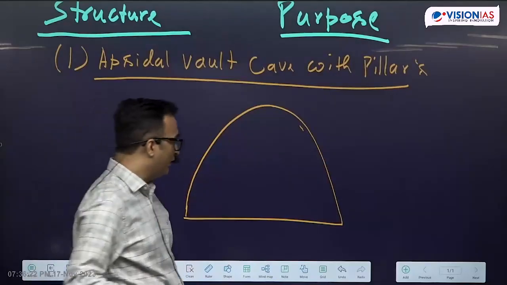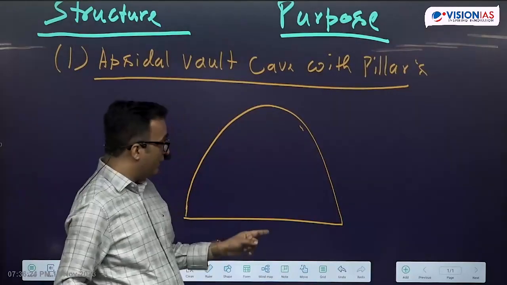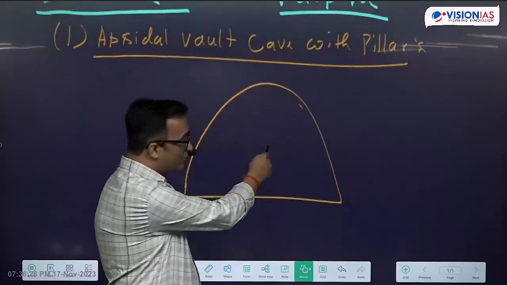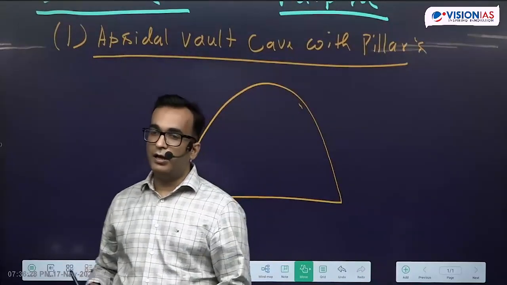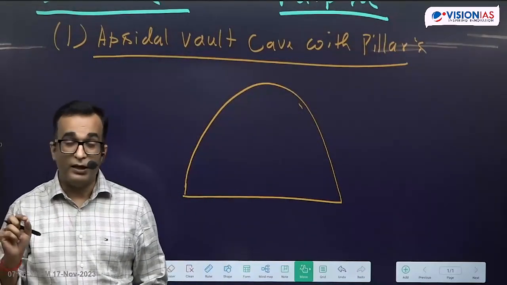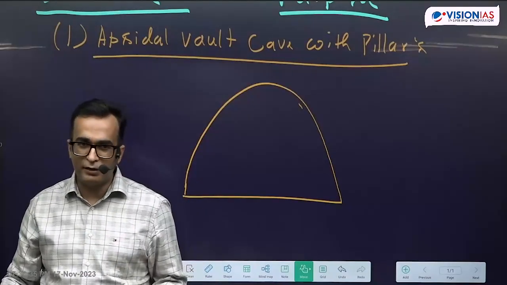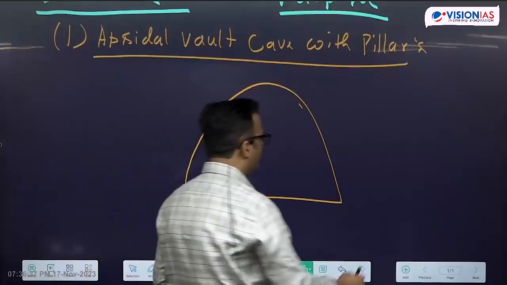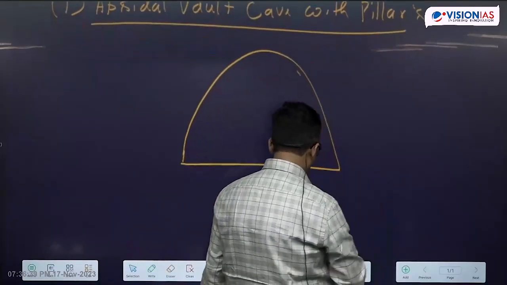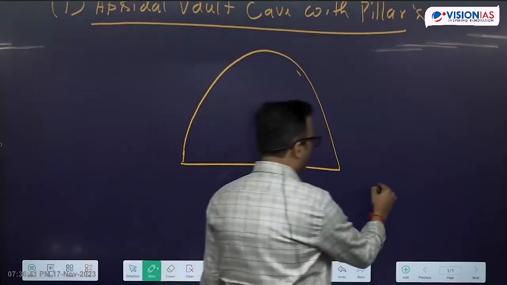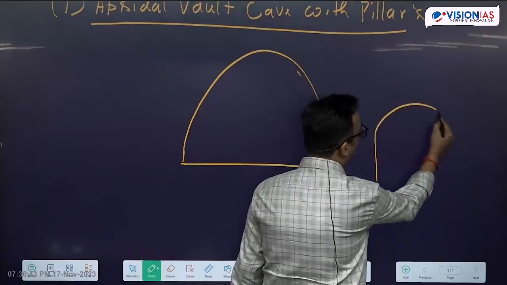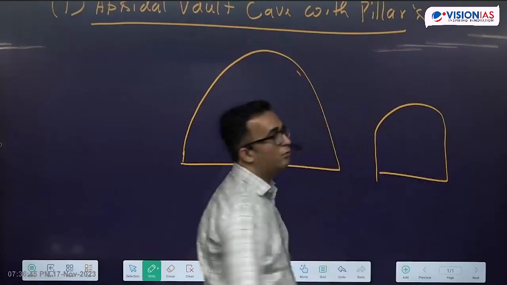Now understand. This shape is called the apsidal vault cave, and it is very similar to a railway wagon. You understand what a railway compartment looks like: generally a bit straight, but then it goes like this and curves over at the top. This structure is also called apsidal vault.